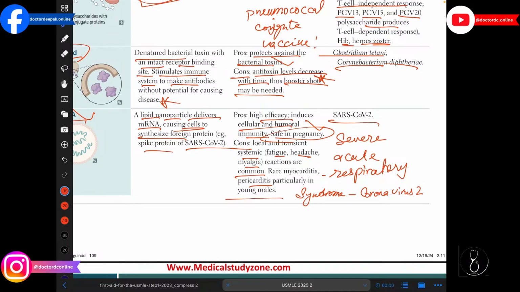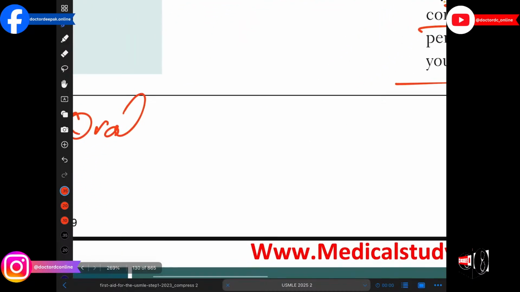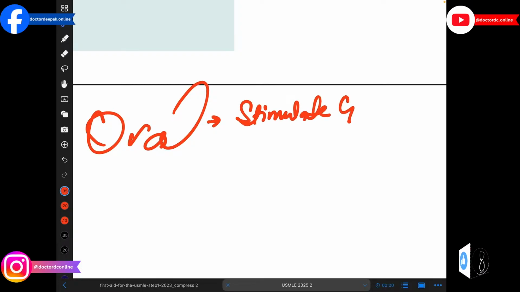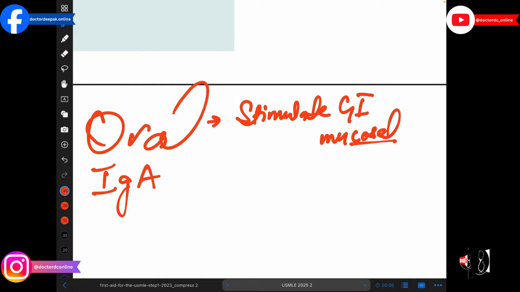These are about vaccination. But if you guys know, they have different routes, oral and intramuscular. In oral vaccines, they are going to stimulate GI mucosal immunity, and they are largely IgA responses.